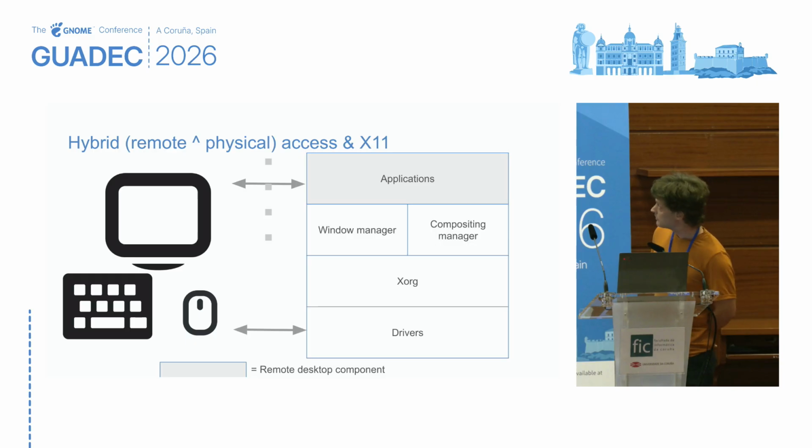And then there's this very complicated way that some can implement something called hybrid remote desktop, which is when you can switch between physical access and remote access. It's not really supported. You have to use weird hacks.